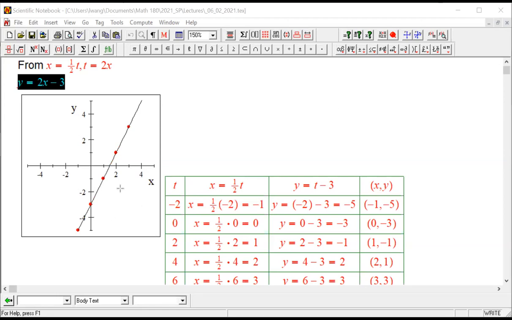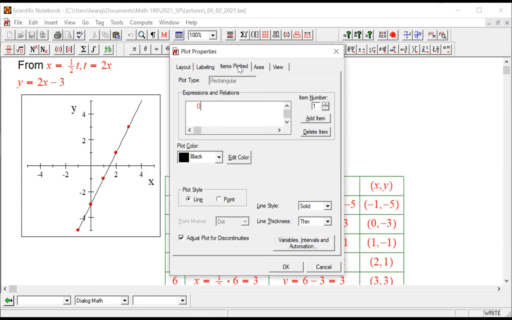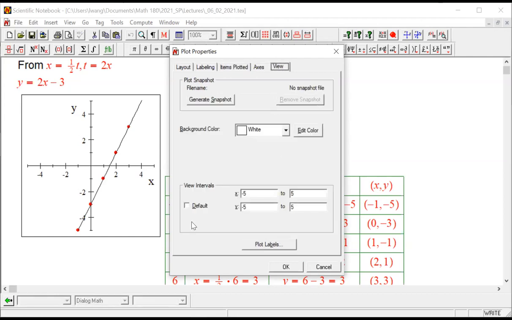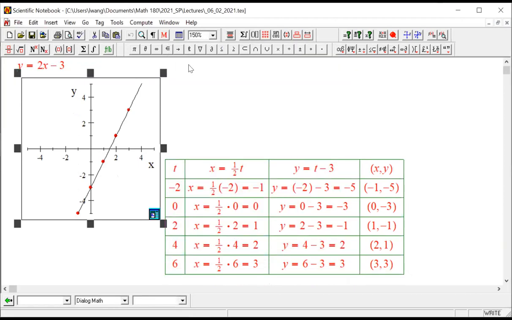Let me see if I can put an arrow using this software. Do I have an arrow? I doubt it. I think the labeling doesn't. I just have to do that arrow physically using the annotation here.